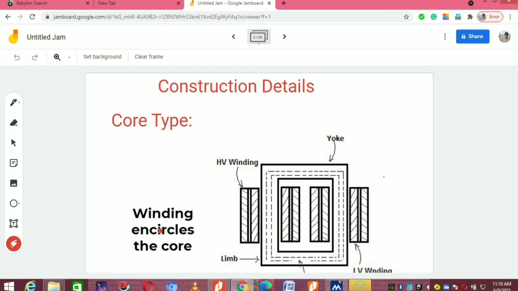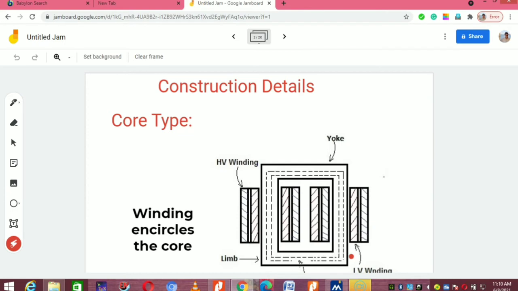So what is the main point here? In the core type, winding encircles the core. So winding is just encircling the core here. You see the arrangement here. At the center of the winding there is core. Winding encircles the core. Here the magnetic core is built up of laminations to form a rectangular frame.